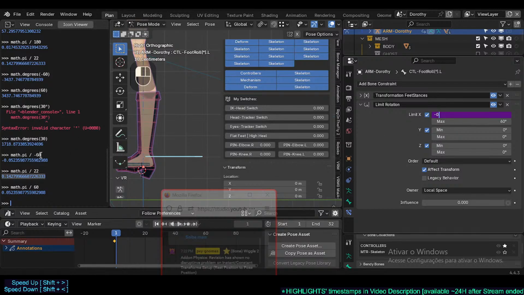Why is it giving me this stupid difference, right?